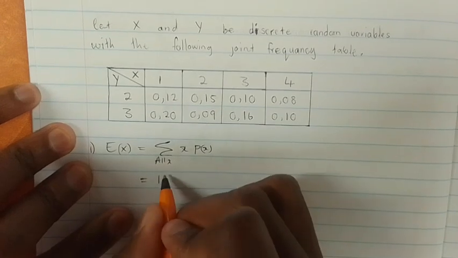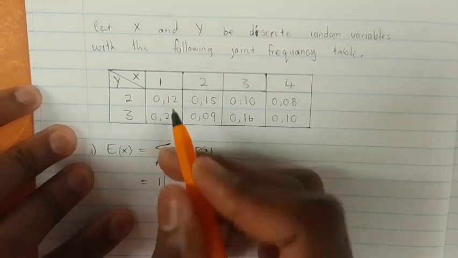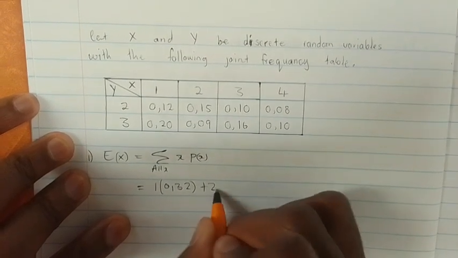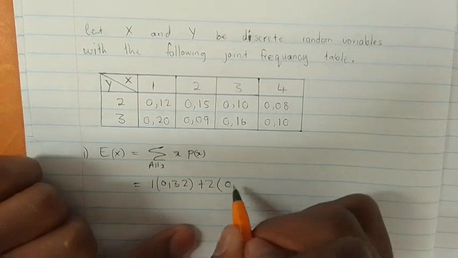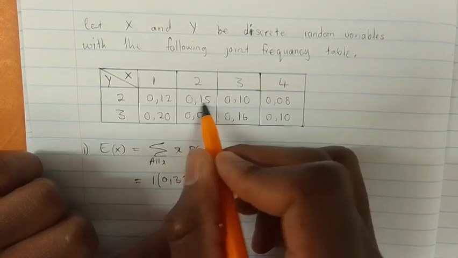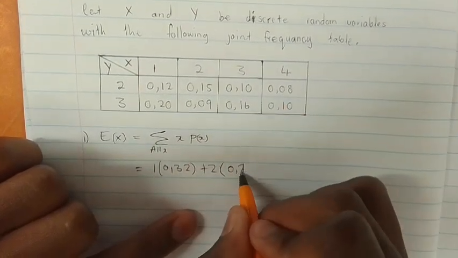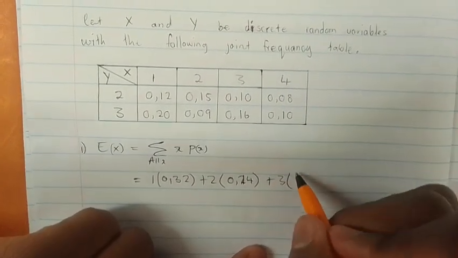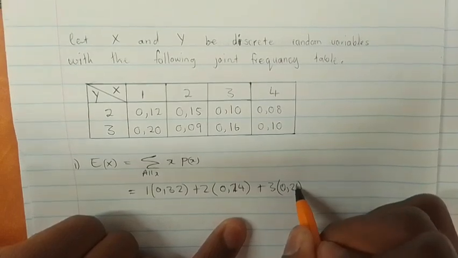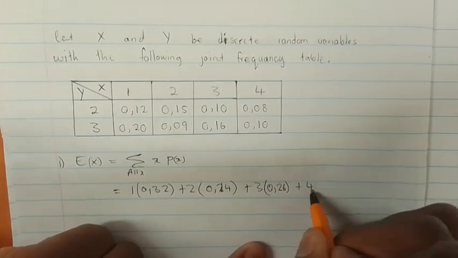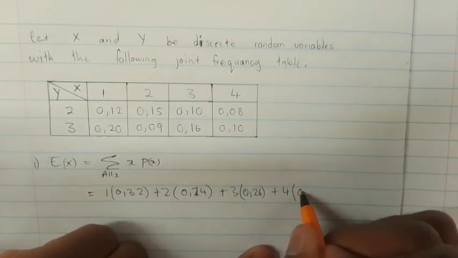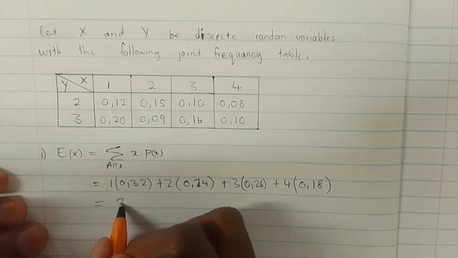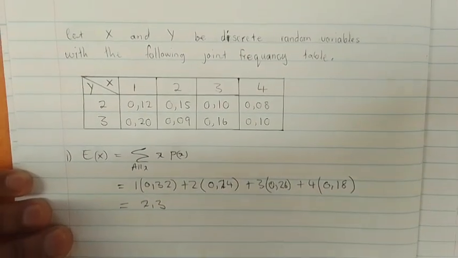So it's going to be 1 multiplied by 0.32, plus 2 into 0.15, plus 3 into 0.24, plus 4 into 0.26, adding these 2 here, and then plus 4 into, adding these 2, you have 0.18, and the answer here should come out to be 2.3, and this is the expected value of x.